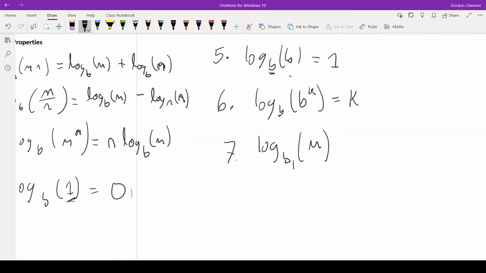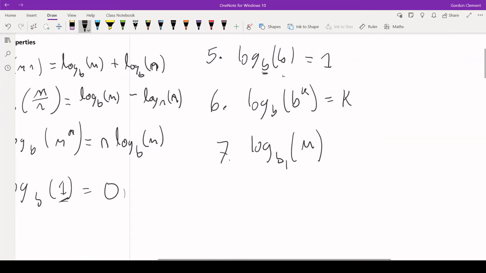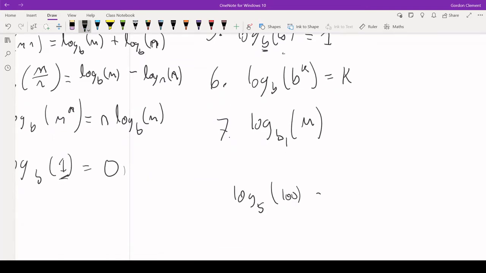And then the last property I wanted to review is the change of base formula. I'm sure you used it in this way. If you wanted to do log base 5 of 100 in your calculator, if you don't have a button that lets you change the base, you'd punch that in as log 100 over log 5.